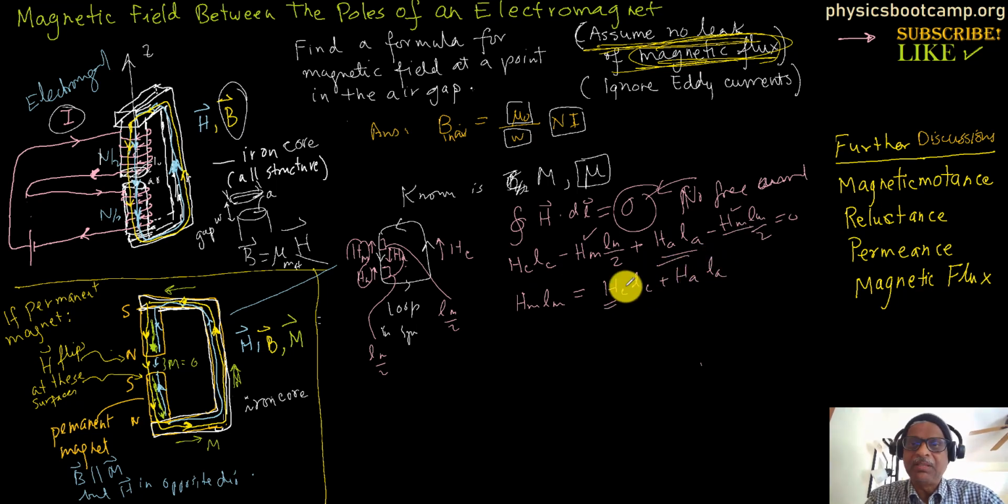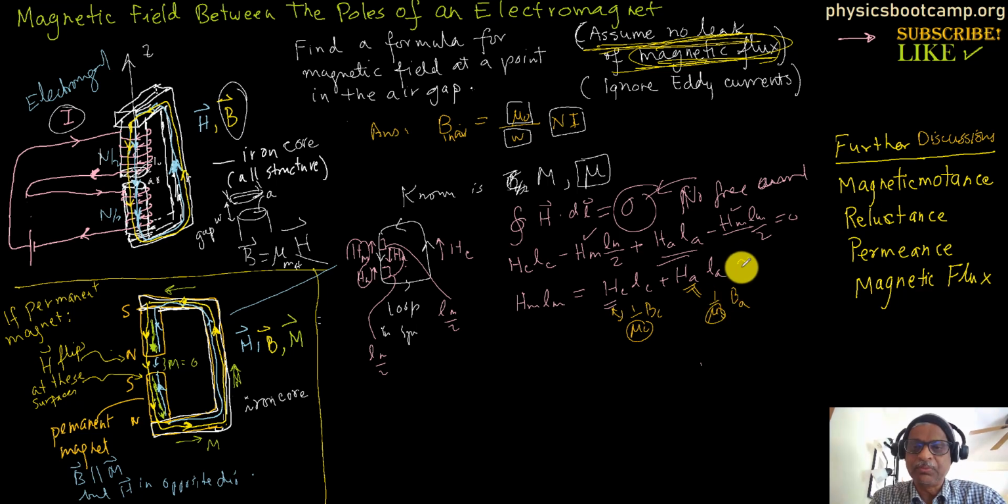So in this medium, this is 1 over mu_C B_C. In this medium, 1 over mu_0 B_A, because it's air. So now this is much bigger than this.